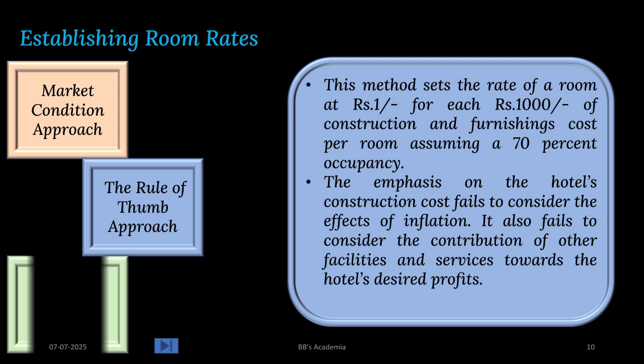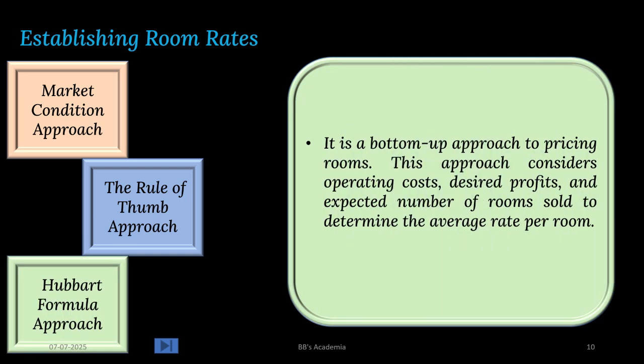And another approach is the Hubbart formula approach. It is a bottom-up approach for pricing rooms. This approach considers operating cost, desired profits, and expected number of rooms sold to determine the average rate per room.